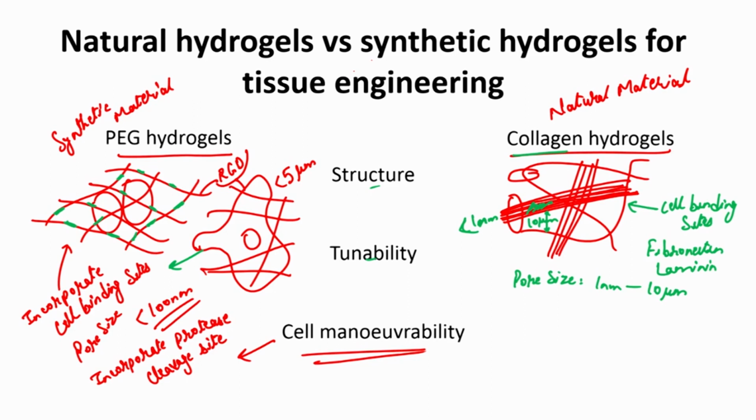The cell can move whenever it wants to, and not only that, these are natural materials, as we just talked about. So, the cells have the capability to go ahead and degrade the collagen fibrils if they really want to, or deposit more. The cells can come and deposit more collagen, and that collagen will then interact with the collagen that is already present, so the cells can move around easily.